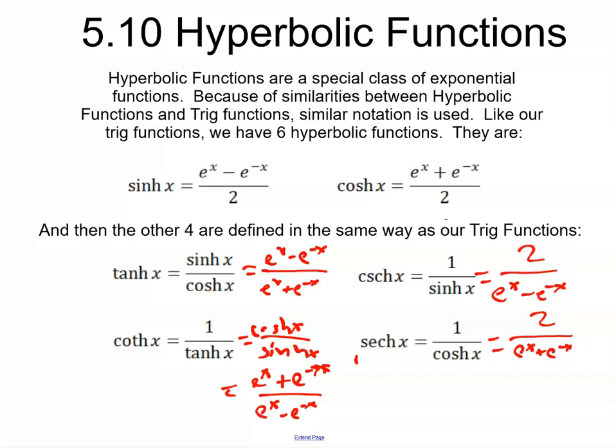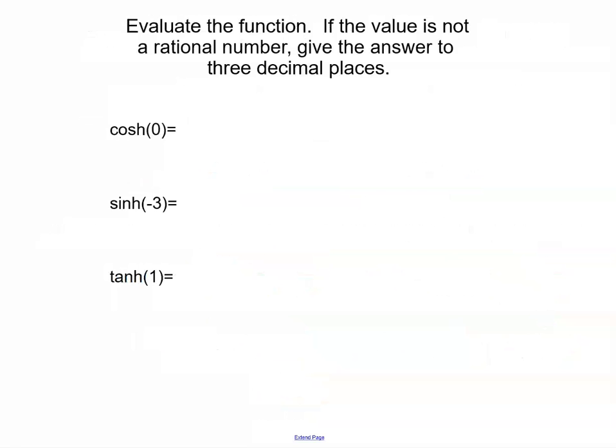There's just a lot of similarities in how they're related to each other, in the same way as there are similarities in how your trig functions are related to each other. Okay. So first we're just going to look at how we can evaluate these functions.